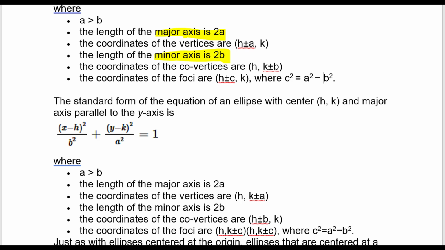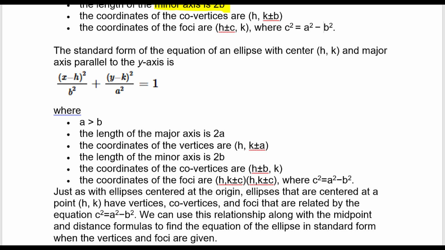So the standard form of the equation of the ellipse that's centered at (h, k) and major axis parallel to the y-axis is, notice the a squared is under the y part. So again, a is bigger than b. Length of the major axis is 2a. Length of the minor axis is 2b. Coordinates of the vertices are h comma k plus or minus a.